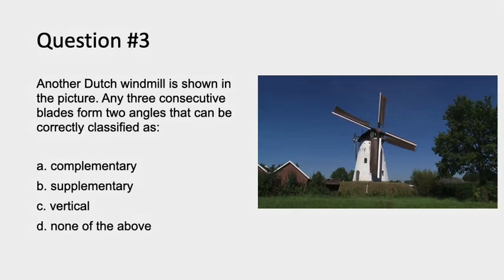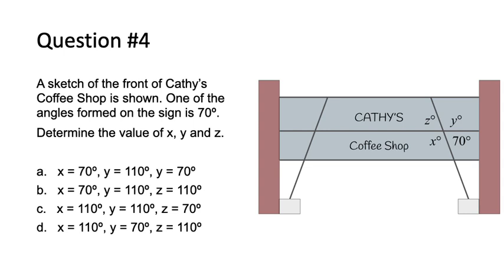Question number 3 is another Dutch windmill, and this time we're asking you to find the measure of the angle formed by any 3 consecutive blades. Actually, any 3 consecutive blades form 2 angles. How do we classify those 2 angles? And then question number 4 is a sign of a coffee shop.